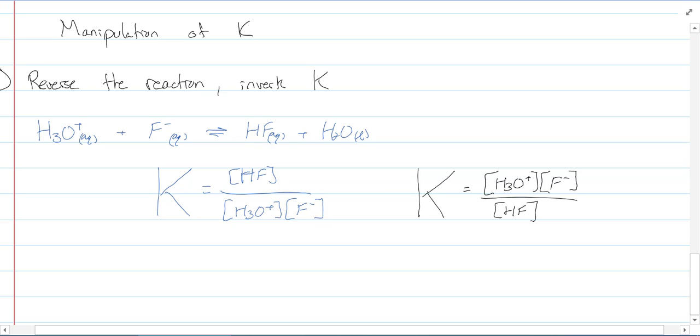So they're inverses. They would multiply to get 1. So Ka happens to be 6.8 times 10 to the negative 4. So what does this K look to be?